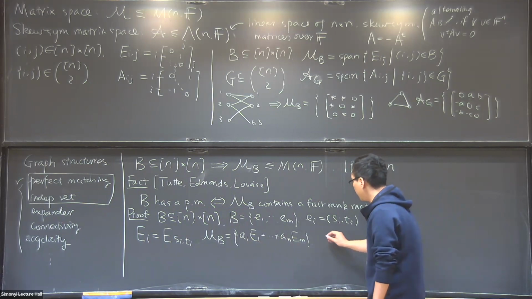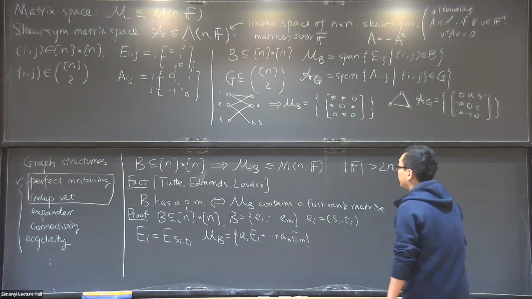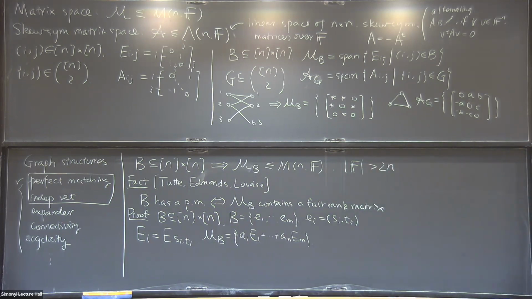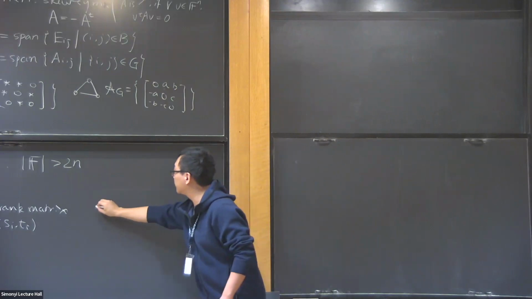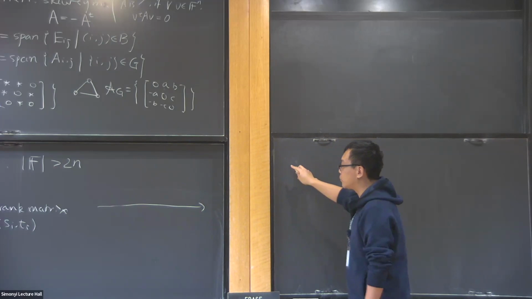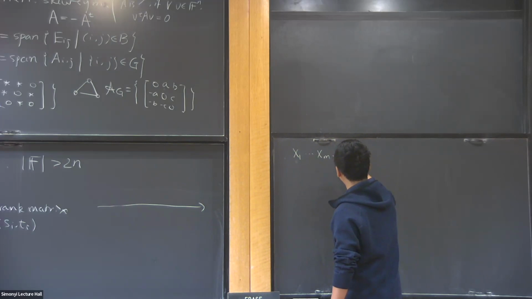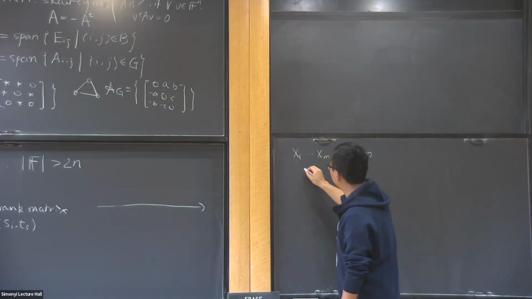And now what I want to do is basically to introduce some variable set. So I will introduce x1 up to xm, they are variables. And then we'll consider XB.